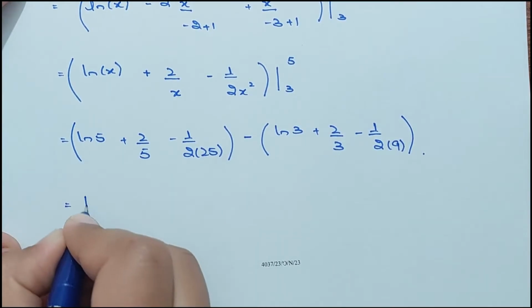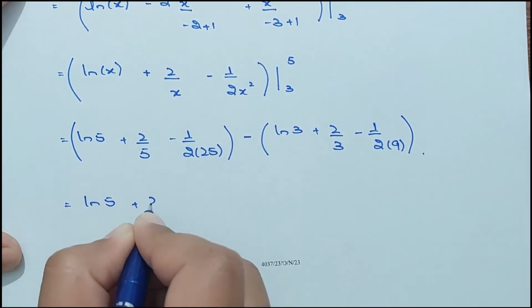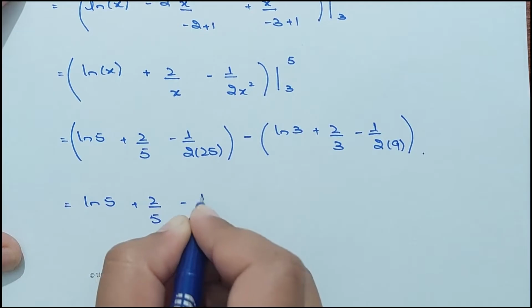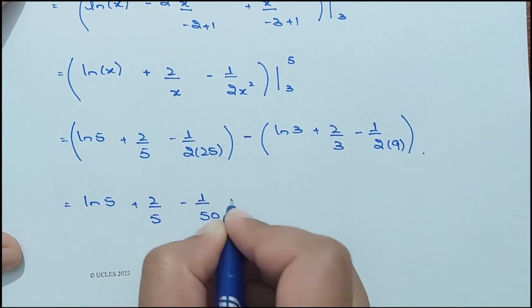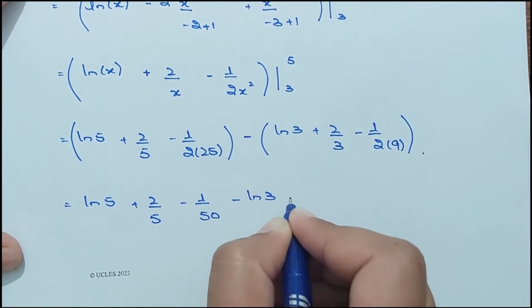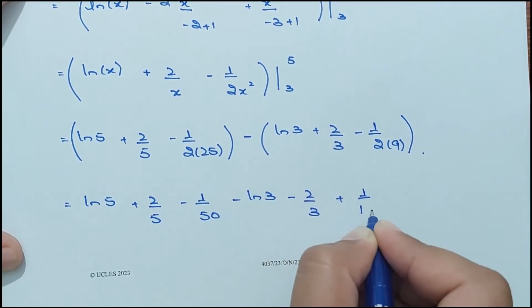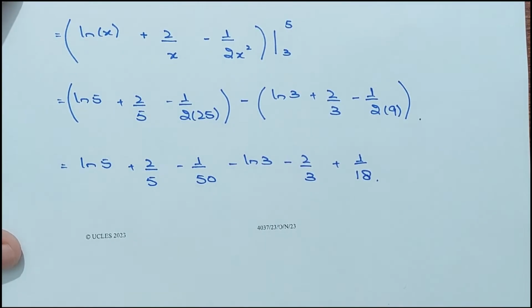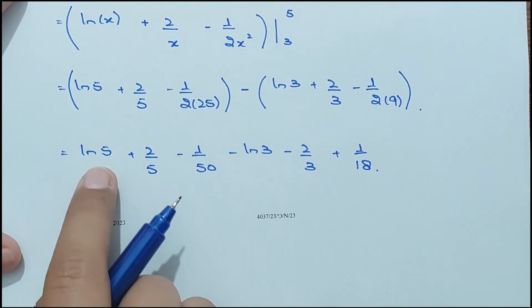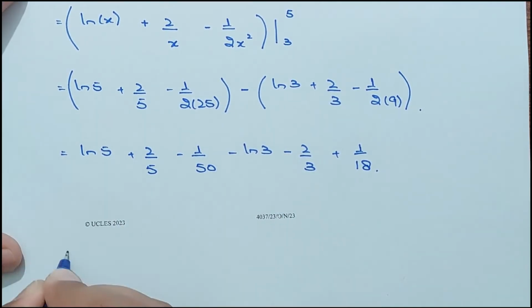For this simplification, ln 5 plus 2 by 5 minus 1 over 50 minus ln 3 minus 2 by 3 and plus 1 over 2 times 9 is 18, right? Okay, so ln 5 minus ln 3, so this would be ln of 5 over 3, right?